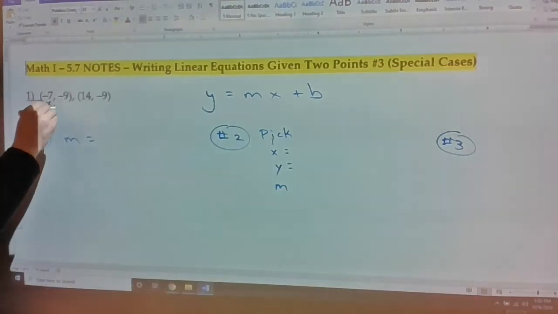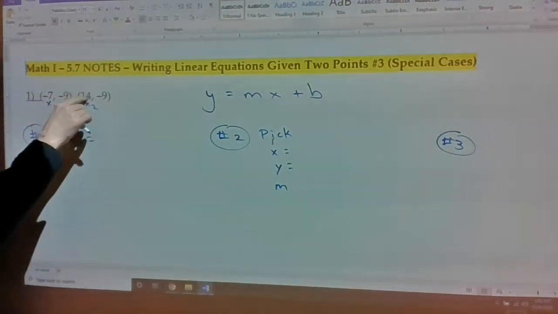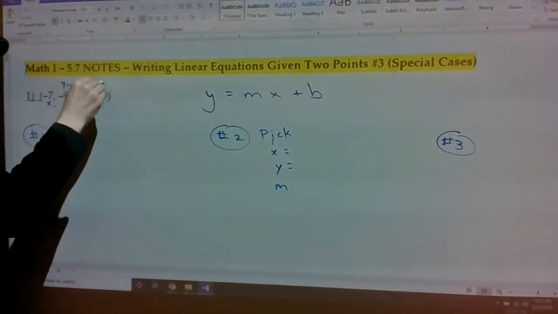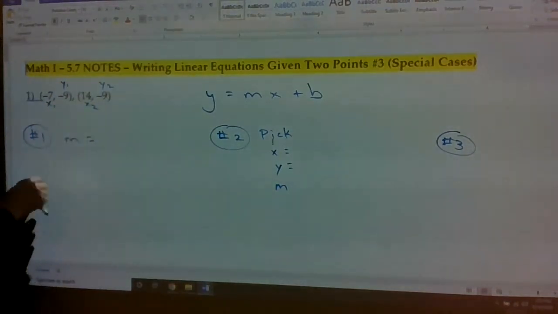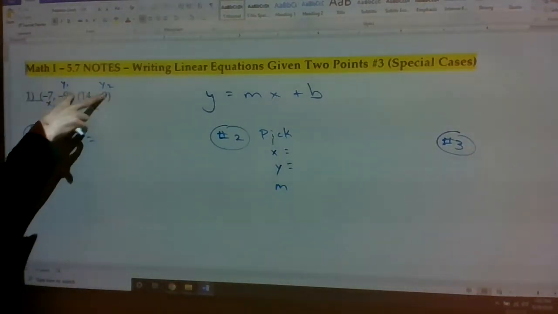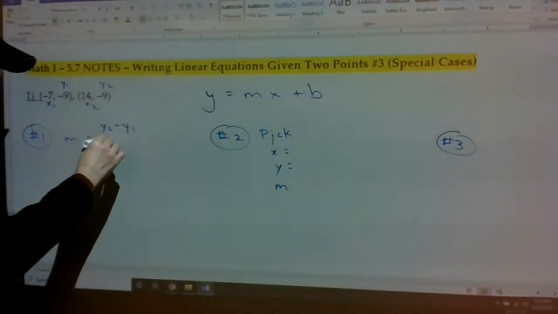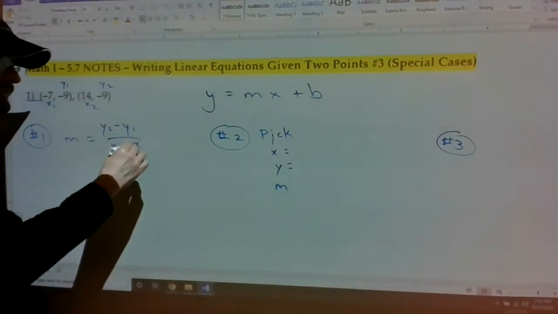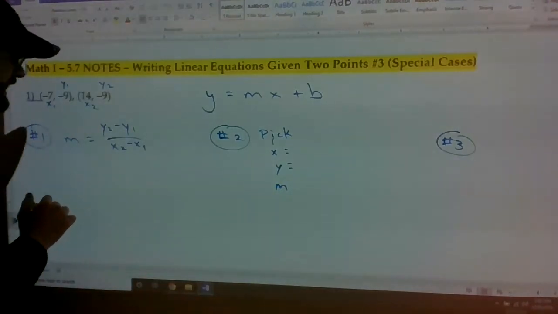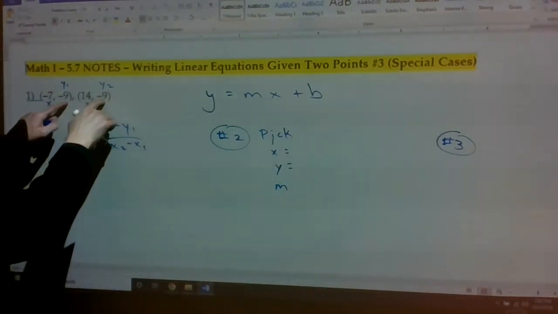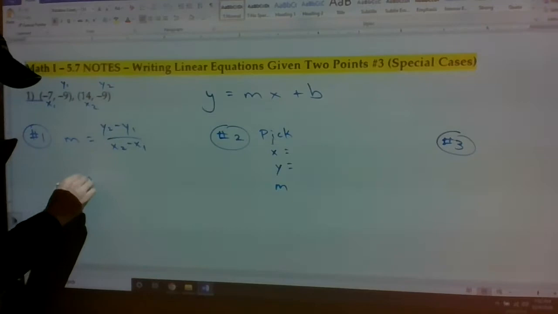You've got x1, x2 for our left coordinates, y1, y2 for our right coordinates. Remember, x left, y right. The slope formula never changes. It's always y2 minus y1 over x2 minus x1. So we're taking -9 minus -9 on top.